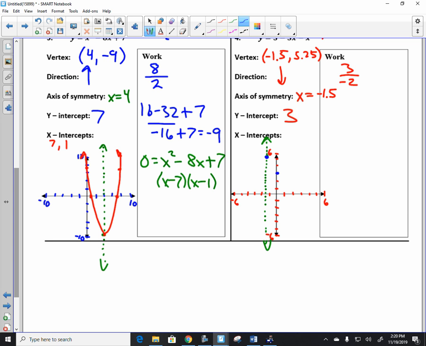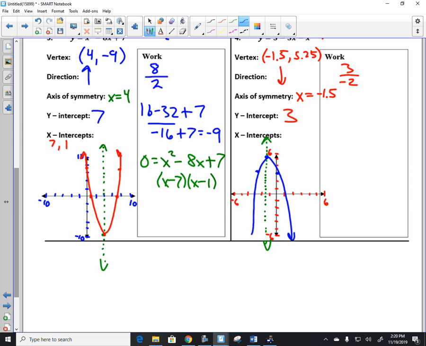I'm going to reflect that over to put 3 over here. So as I draw my graph, it looks like it should cross the x-axis close to 1 and close to negative 3. Somewhere close to 1 and close to negative 3.